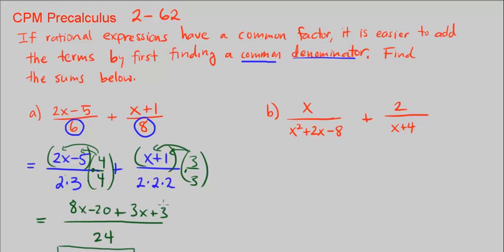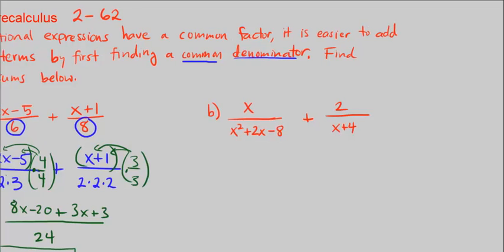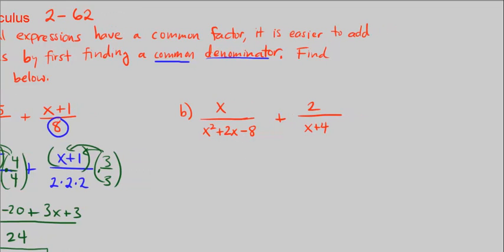Part B, again, we want to do the same thing. We want to go ahead and factor the denominators. So let's rewrite this, right? This is equal to x over, and let's go ahead and factor this. So let's use the x method again. What two numbers multiply to get negative 8 and add to get 2, right?